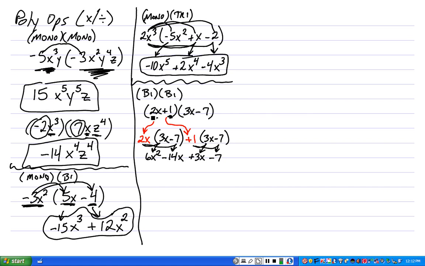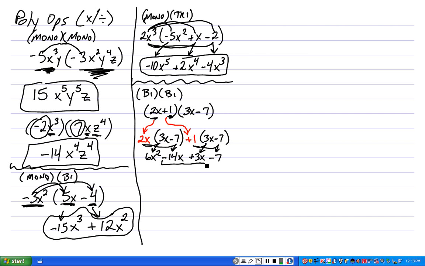So we took the first term in the initial polynomial and multiplied it by the next polynomial using distribution. Then we took the second term in the initial polynomial and multiplied it by everything in the second polynomial. After we finish multiplying everything out, we always want to look to see if there's anything we can combine based on them being like terms.